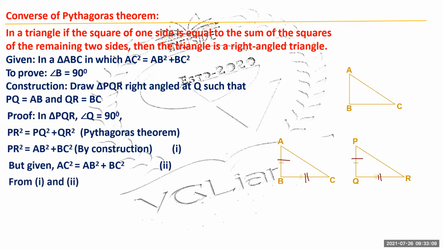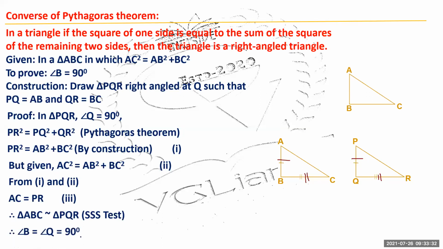So from statements 1 and 2, AC equals PR, therefore triangle ABC is similar to triangle PQR by the SSS test.